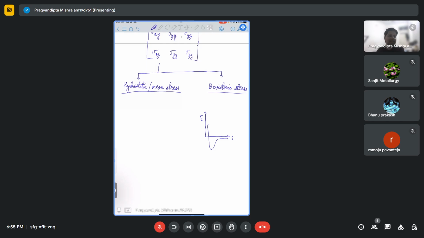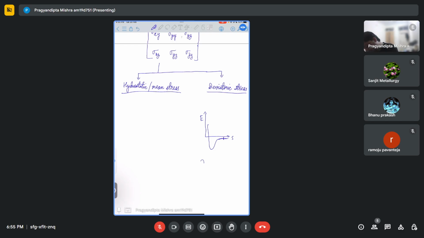So yeah, like I was telling, within the attractive region, within the elastic region, this energy versus distance rule is being followed. Till some cutoff, you will have the attractive part of the energy playing a role. When you are pulling the material apart, the attractive part is helping you bring the atoms back together to their equilibrium position.